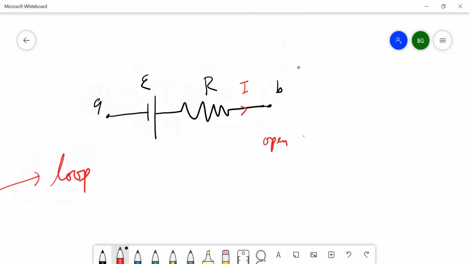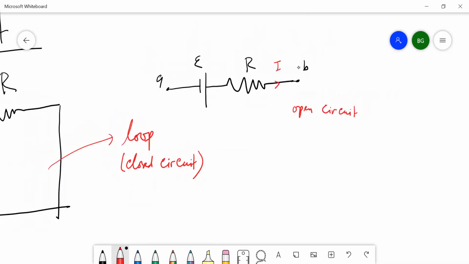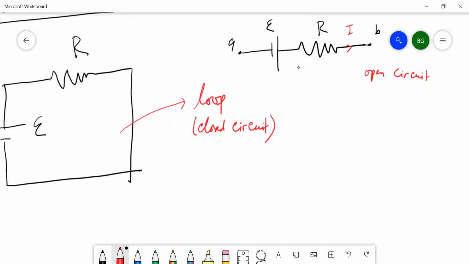We call this open circuit. This loop here is a closed circuit. Electric circuit means, not Formula One. Okay.